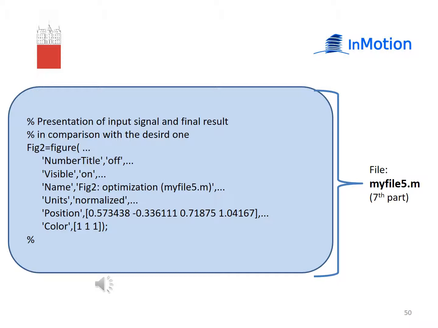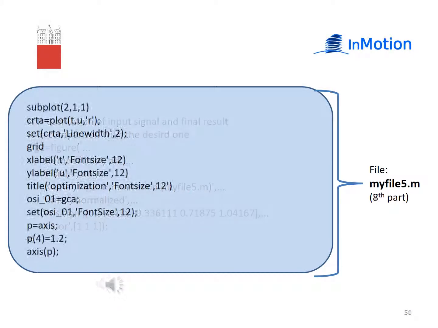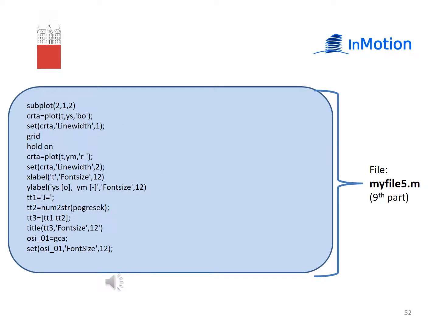Then also figure 2 is generated. Here, the used input signal is plotted first. And finally, also the system response with blue circles and the response of the optimal model with the red line.